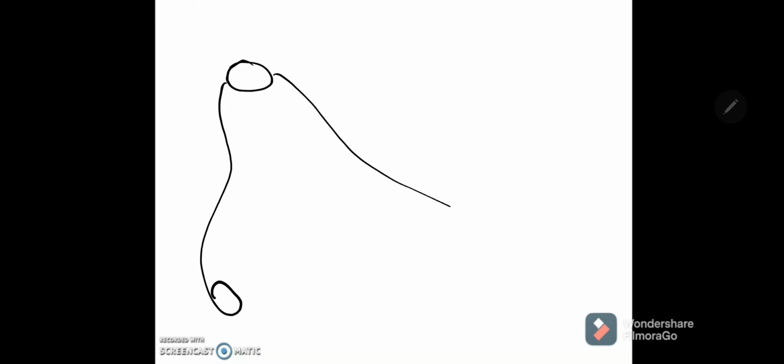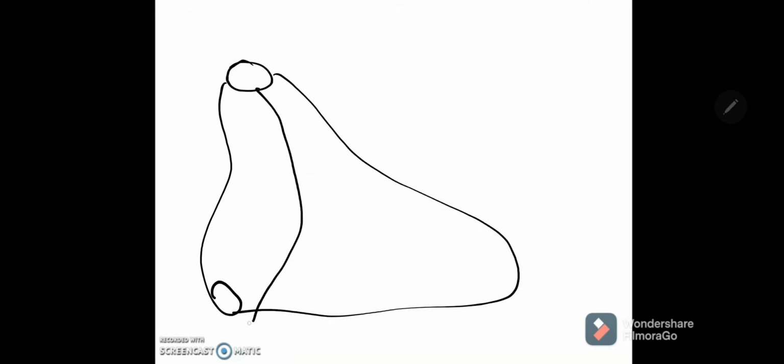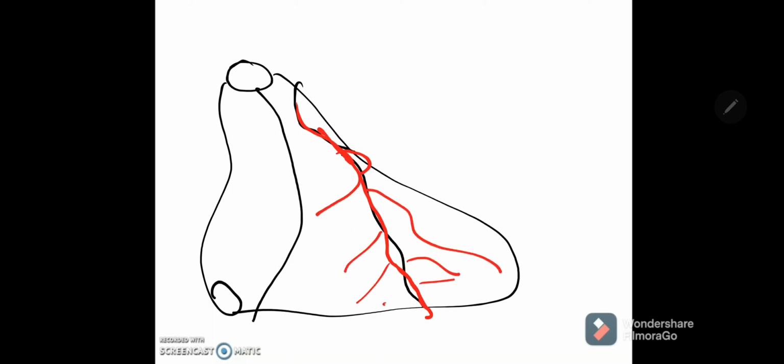So if you see the origin here, the left coronary artery, here you notice right atrium, right ventricle here. After the origin, the left coronary artery divides into anterior interventricular and circumflex. Anterior interventricular gives left conus, diagonal and ventricular branches, winds near the apex and anastomoses with the posterior interventricular artery of the right coronary artery.